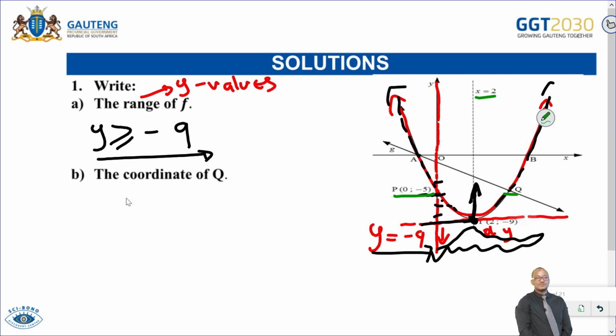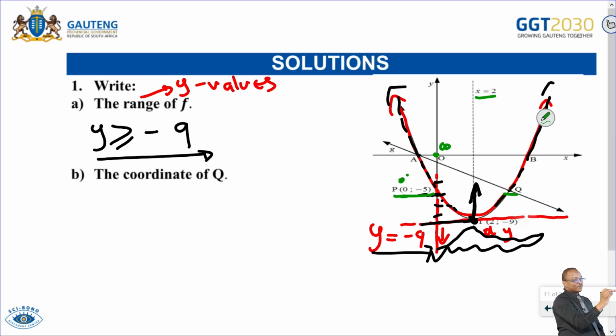So, x is equal to 2 is our line of symmetry. So, now, what do we know? We know that at the y-intercept, the x value of P is 0. Are we together? So the point there is 0. So we have 2 here, correct?